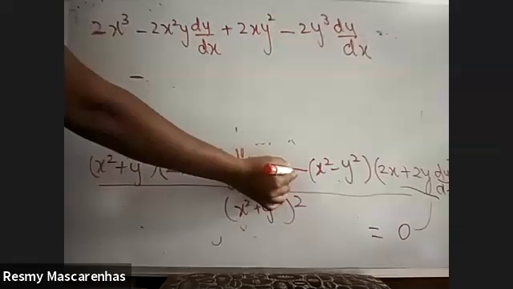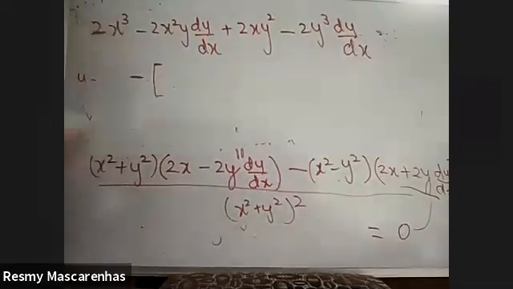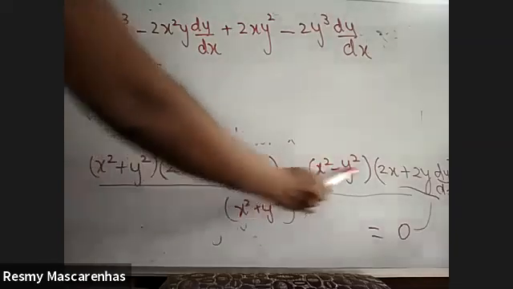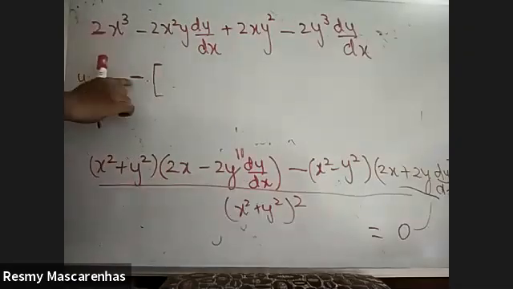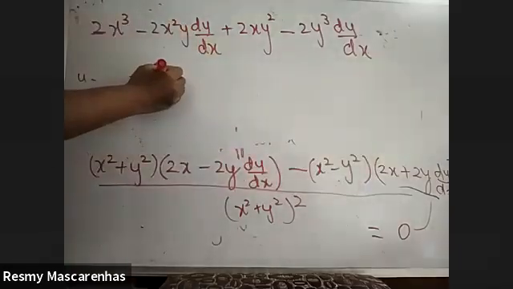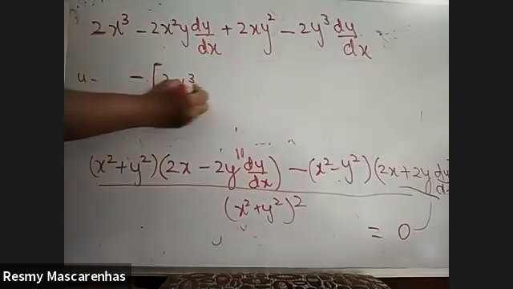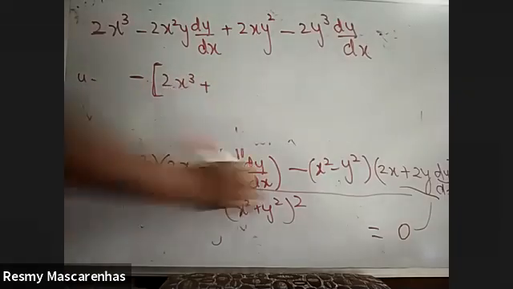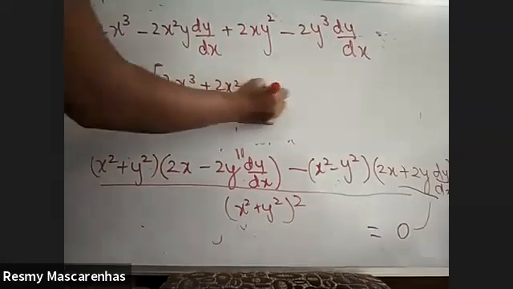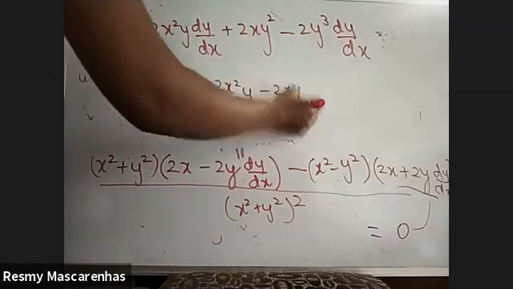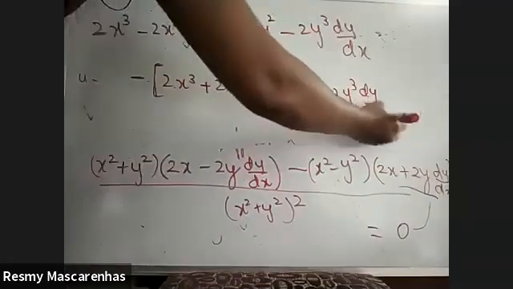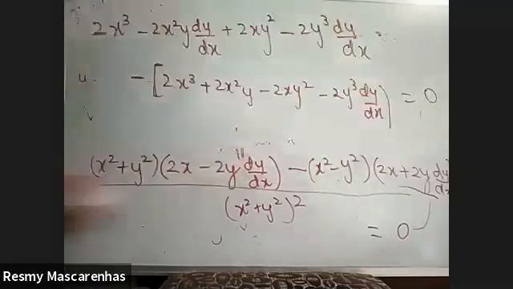See now, minus will belong to all the terms, so keep a bigger bracket here. This minus is the main minus, belonging to every single term, so don't simply write it without a bracket. Bigger bracket and then multiply all the terms. So this will be 2x cube. Right now I'm considering this as plus only. So 2x square y minus 2xy square minus 2y cube dy by dx is equal to 0.